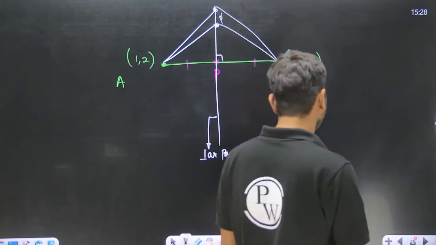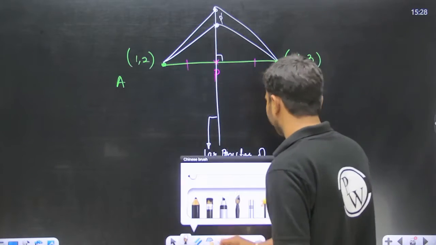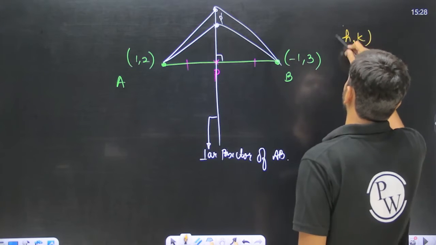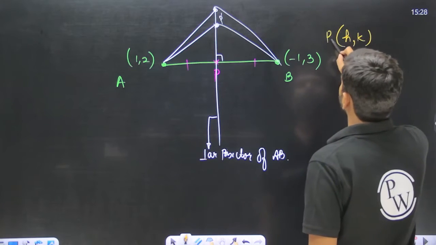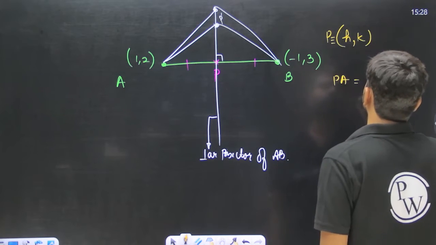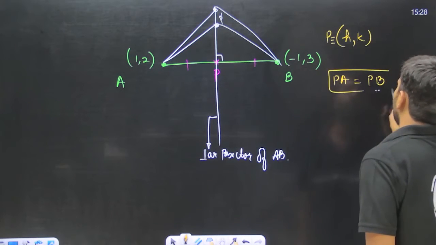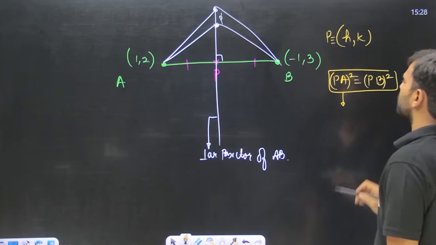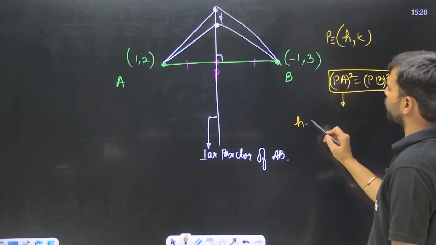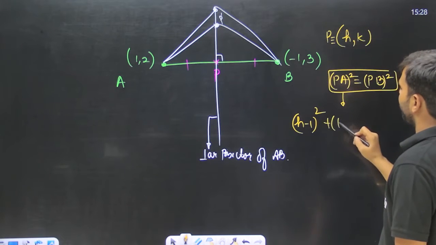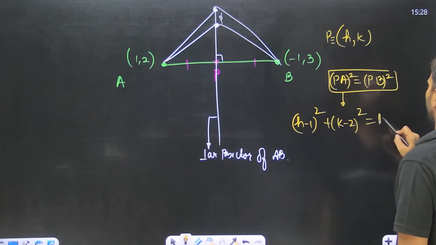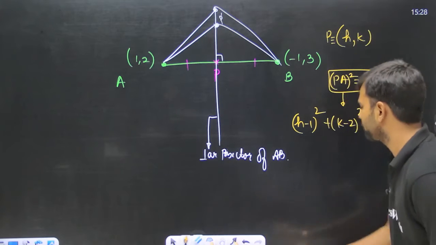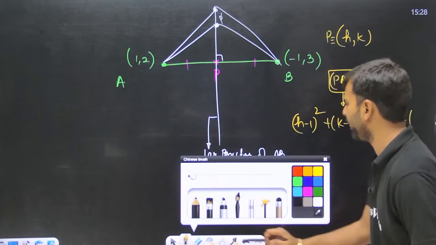One way is feeling this particular thing, another way is by solving it subjectively. Let's say we have taken a point (h, k), the coordinates of point P. Now PA has to be equal to PB, which means the squares of these will also be equal. So (h minus 1) whole square plus (k minus 2) whole square will be equal to (h plus 1) whole square plus (k minus 3) whole square, yes or no everyone?